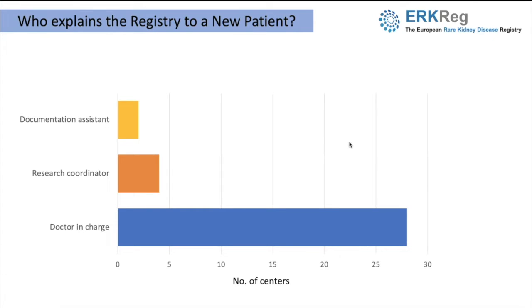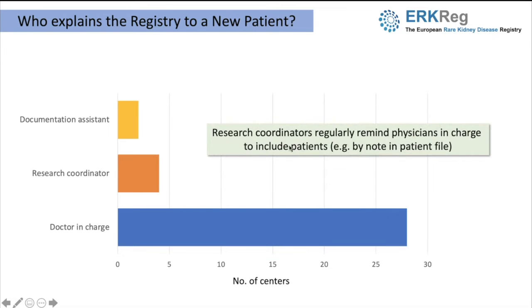But the key to success, let me put it this way, is really that the research coordinators regularly remind the physicians in charge to include the patients. So there are people in charge of reminding the primary doctors, the doctors in the outpatient clinic, to mention the ERKNet registry to these patients.